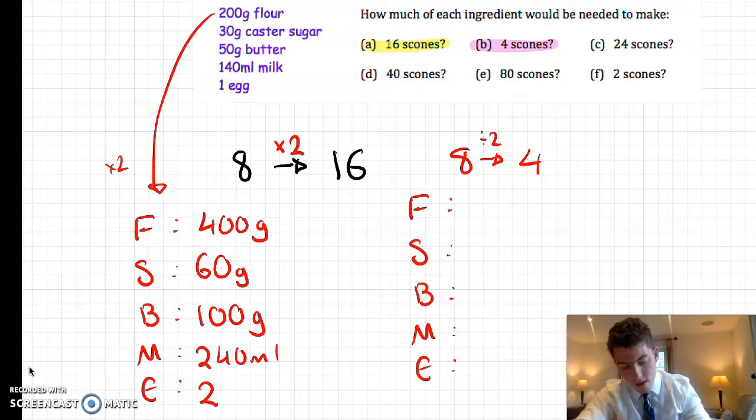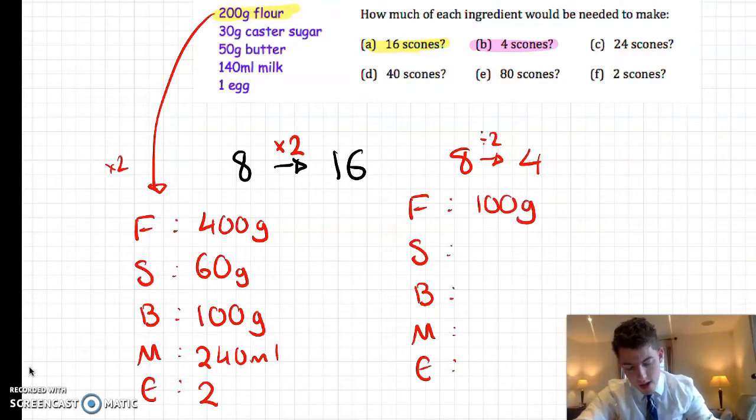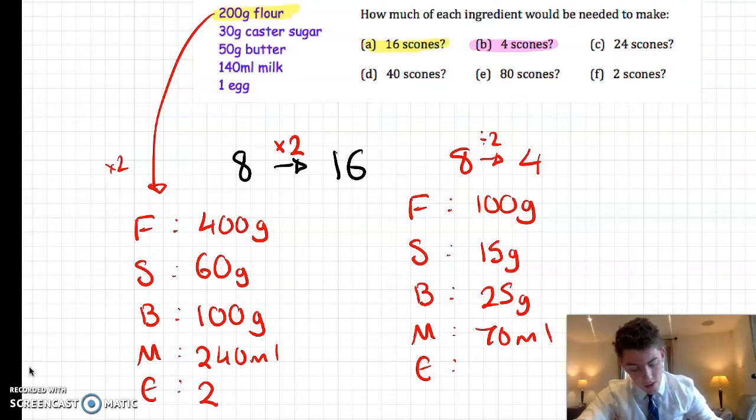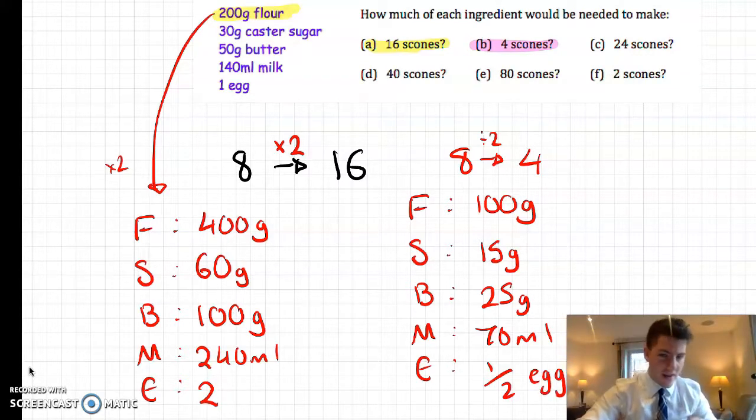I'm going by this list now. So original list divided by 2, 100 grams. Sugar, 30 divided by 2 is 15 grams. Butter, 50 divided by 2, 25 grams. 70 mils of milk, and, well, half an egg. It's quite difficult, but if you're a good chef, you can get there.